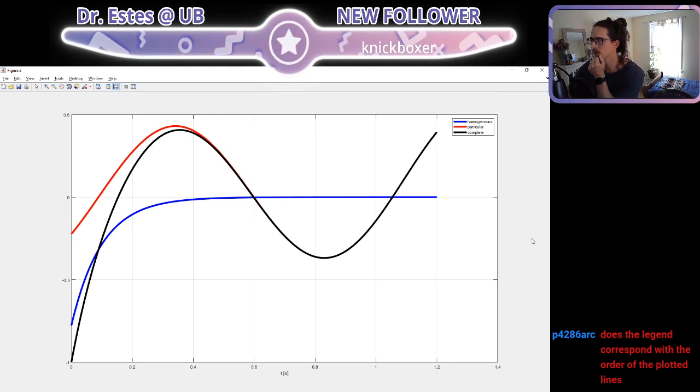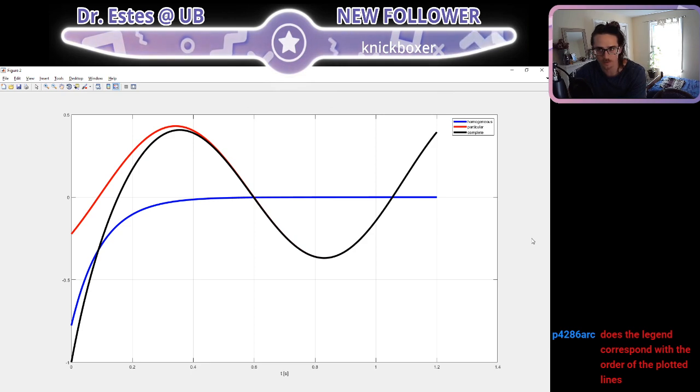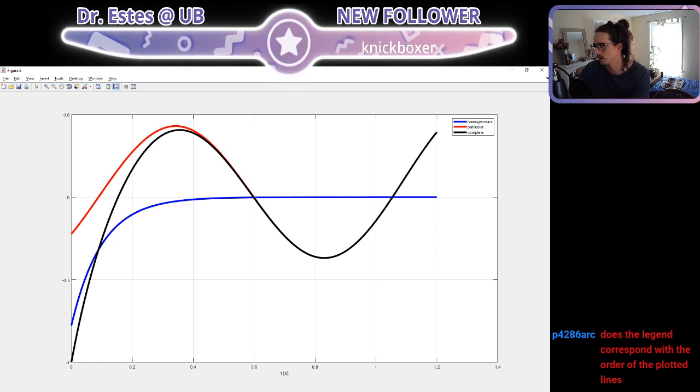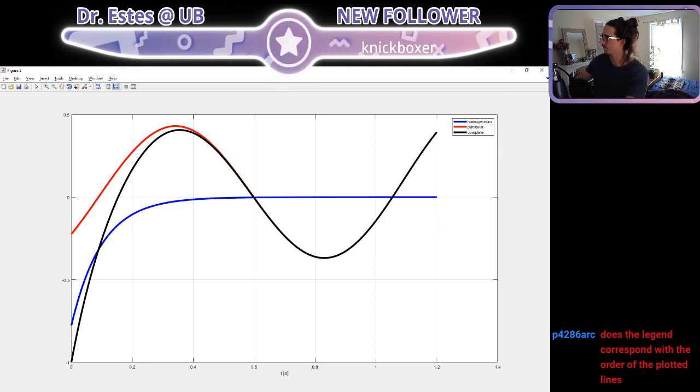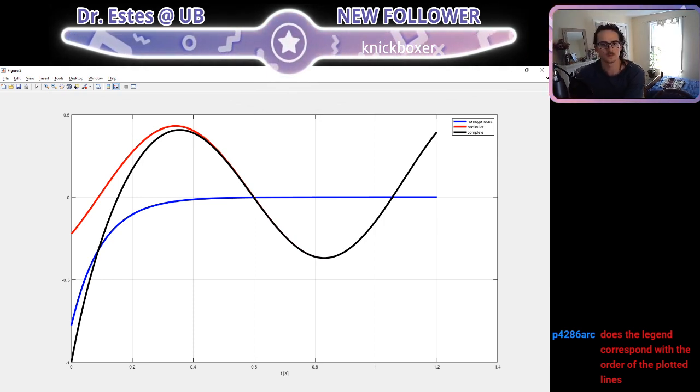Okay. So the black line is the overall solution. And remember, the initial condition for the overall system is -1. And it's probably too small for you to see, but the black line is starting right at -1. Does the legend correspond with the order of the plotted lines? Yes, it does. Yes, sir.